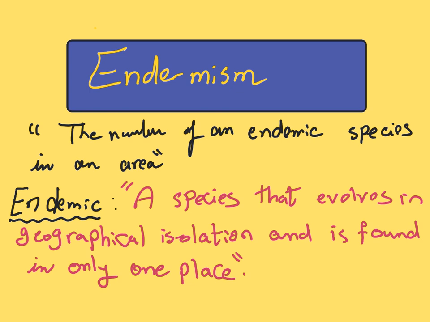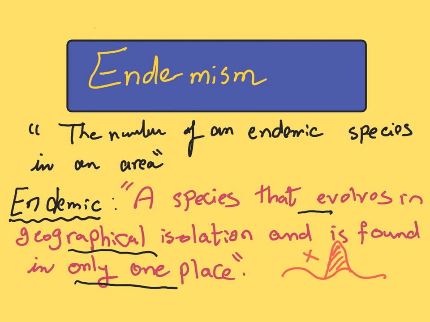Endemism is a term which means the number of endemic species in an area. But what does the term endemic mean? Endemic means a species that evolves in geographical isolation and is found in only one place, like an area which has been separated by a barrier. If you have a piece of land and it is separated by a barrier like a mountain, the species that were living together are now geographically isolated.